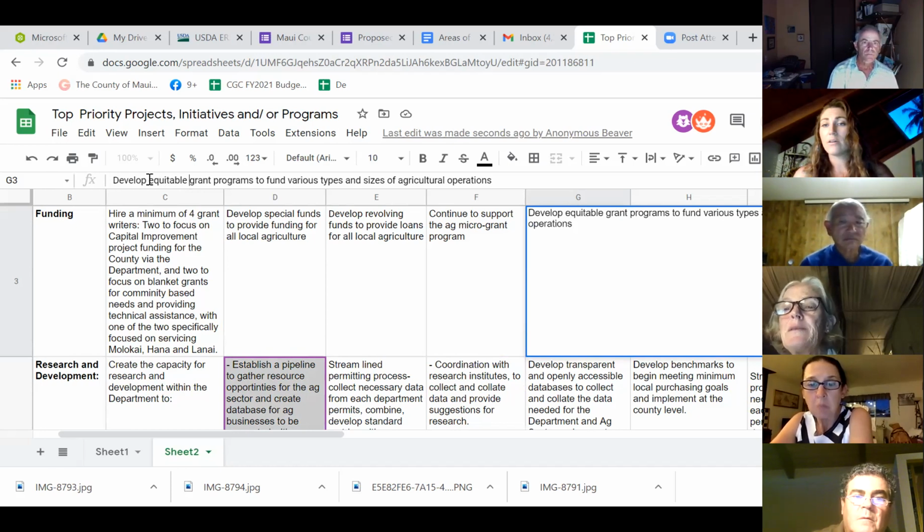Well, it would depend on how many farms are organic, how many farms are conventional, how many farms are different. You would have to make it fair. It wouldn't be a 50-50 split. It would be based upon how many farms are actually in operation. Well, maybe that would be the language then. So, equitable.